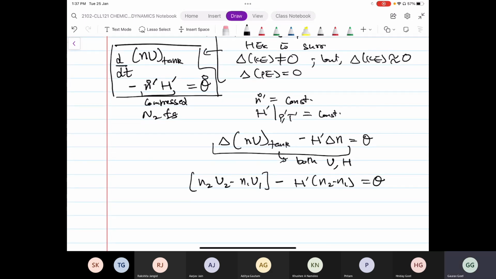So here if you see, even if I take, let's say, N2 out, I will get U2 minus H prime, which I don't know how to calculate. So either I convert U to H or I convert H to U, either way. Okay, so let us do the conversion of U to H.